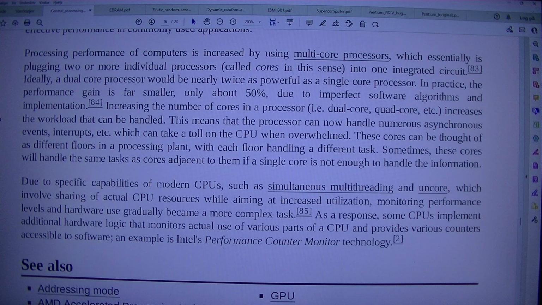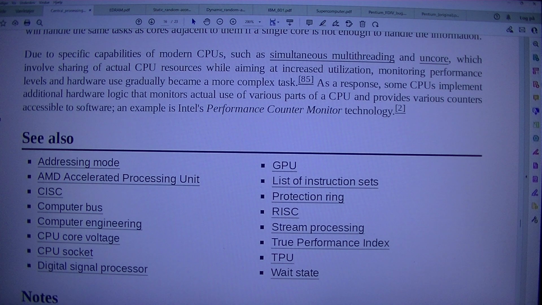Due to specific capabilities of modern CPUs, such as simultaneous multi-threading and uncore, which involve sharing of actual CPU resources while aiming at increased utilization, monitoring performance levels and hardware use gradually became a more complex task. 85. As a response, some CPUs implement additional hardware logic that monitors actual use of various parts of a CPU and provides various counters accessible to software. An example is Intel's performance counter monitor technology.